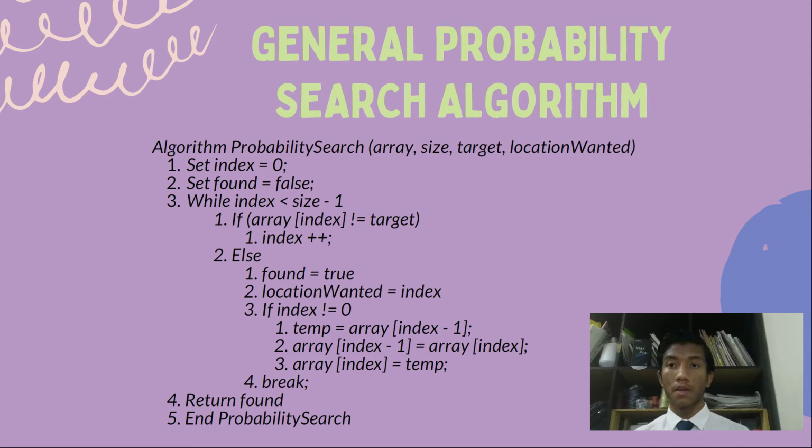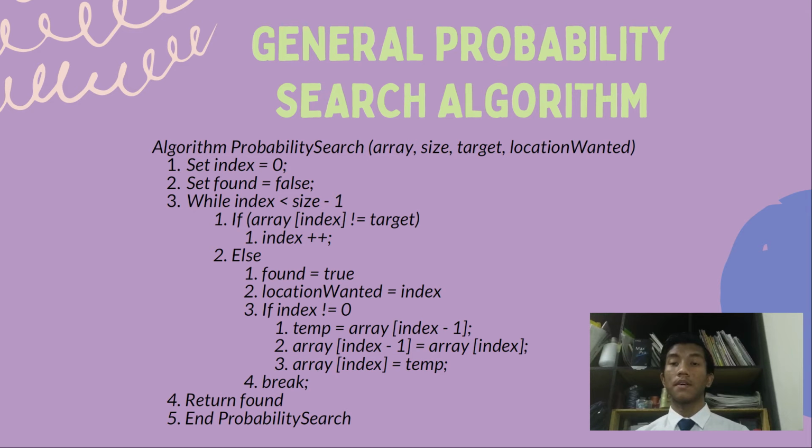First, we set the index to 0, then set found to false. After that, we use a loop in order to scan through all the elements inside the array, and inside the loop, we have an if-else statement. If the target is not in the current index, the index will be increased by 1 and the search will continue in the next index.